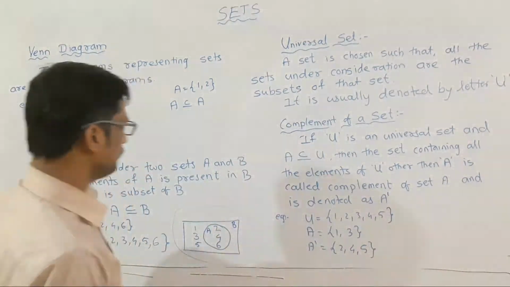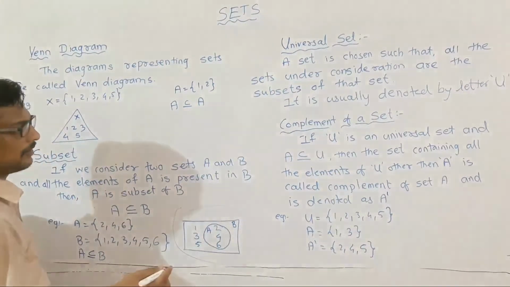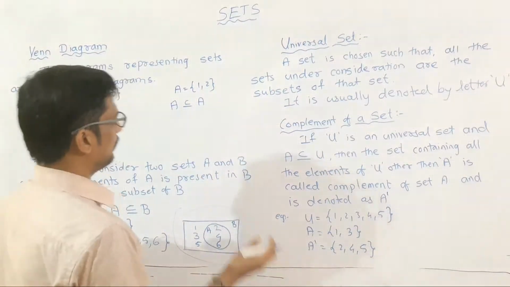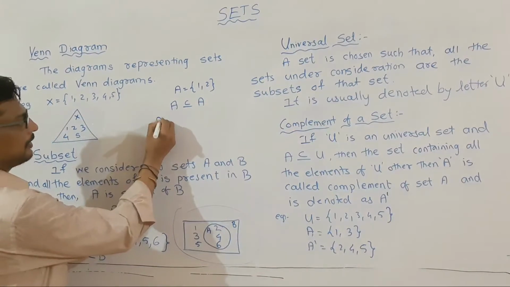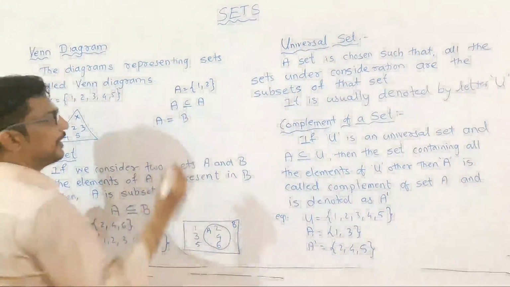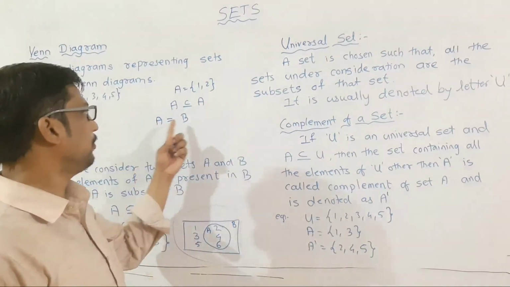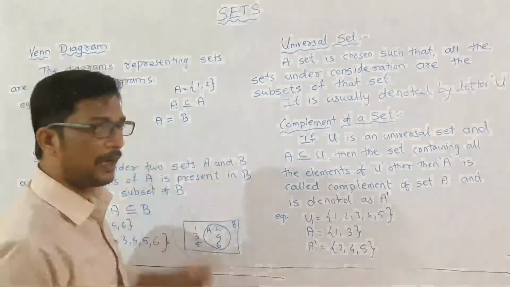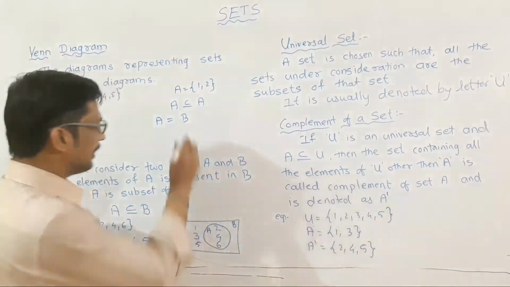Fine. Then if A is equal to B, that means set A is equal to set B. That means both of them have the same elements, isn't it?